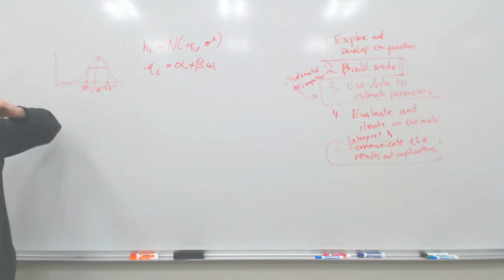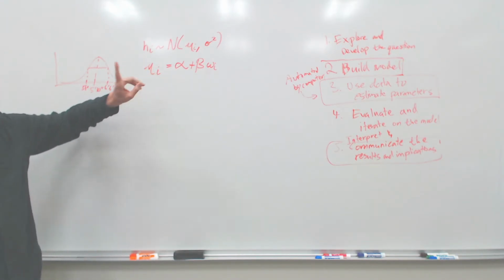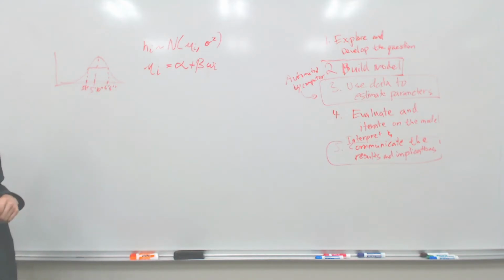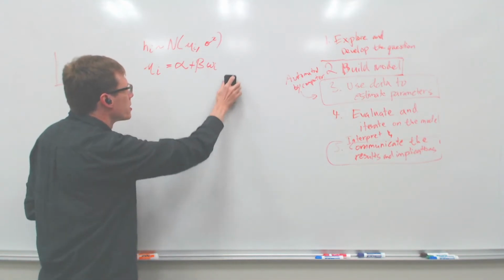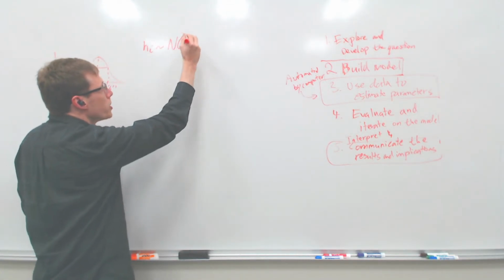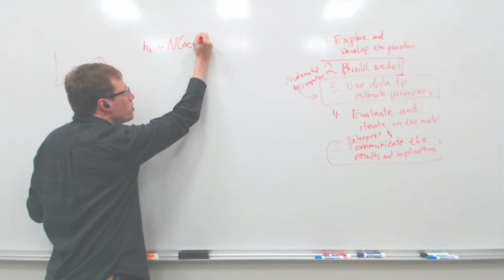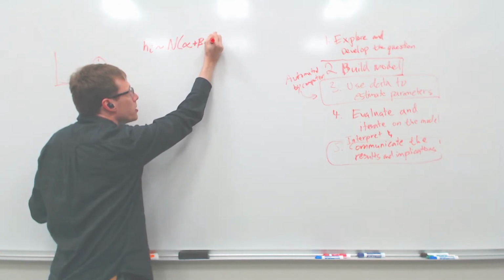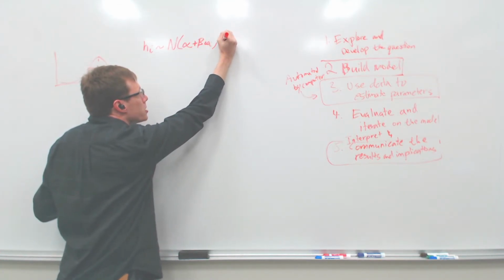So what's happening here is that notice this is an equal sign, not a distribution. Because in theory, we could write it out like this: that they're going to be normally distributed about some alpha plus beta w_i, comma sigma. Right?